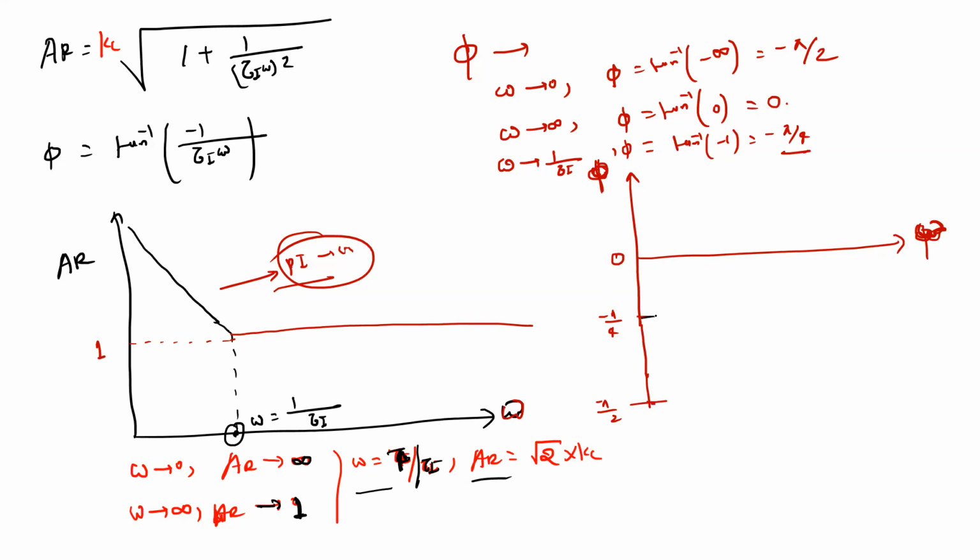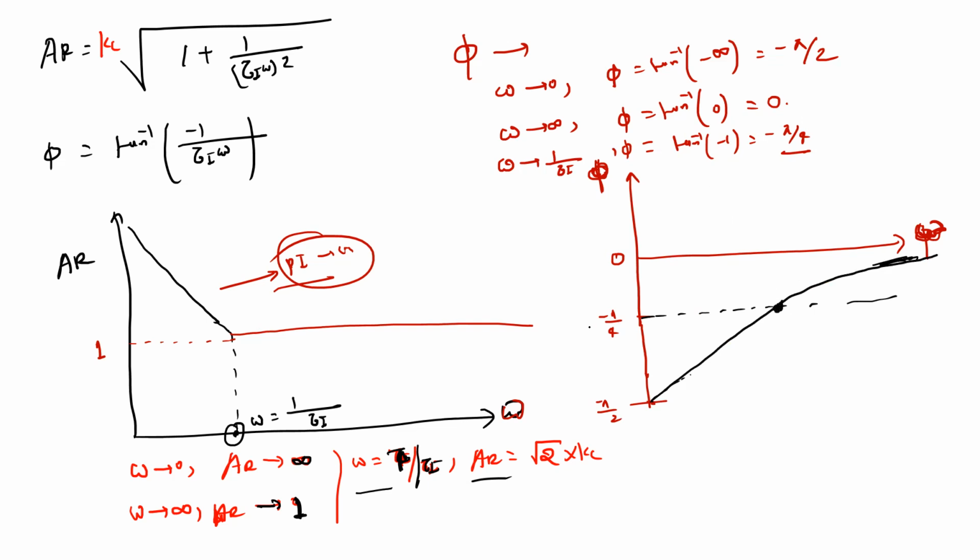And at this omega, phi is minus pi by 4. And at omega tending to infinity, it is 0. So it will be coming like that, going up to 0.